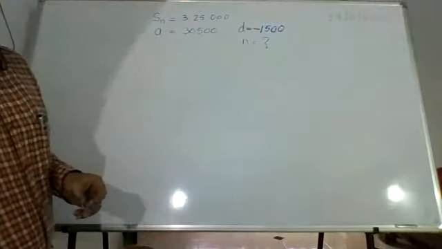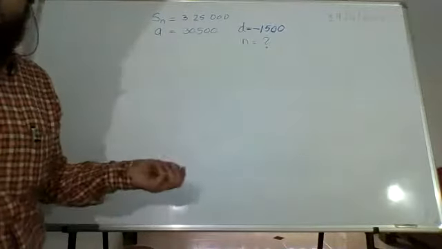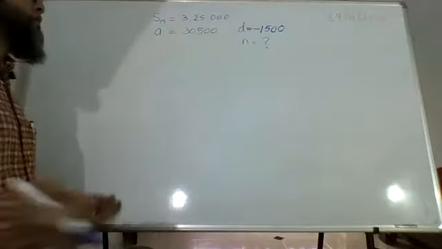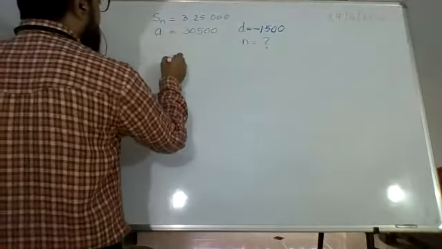How long will he take to clear? How much time, how many installments, how many weeks? N is the question. The formula is just the one for SN.